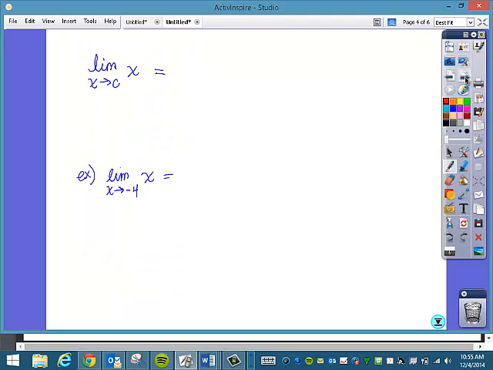Next one, the limit as x approaches c of x. You're just going to take the number that x is approaching and plug it in for x. So the limit as x approaches c of x is just c. So the limit as x approaches negative 4 of x is just negative 4.